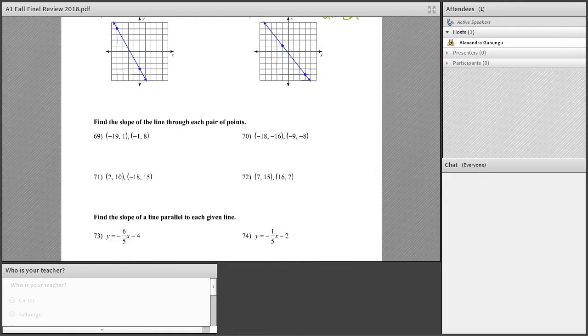Finding the slope, 2 points, y2 minus y1 over x2 minus x1. It's going to be 8 minus 1 over -1 minus a -19.